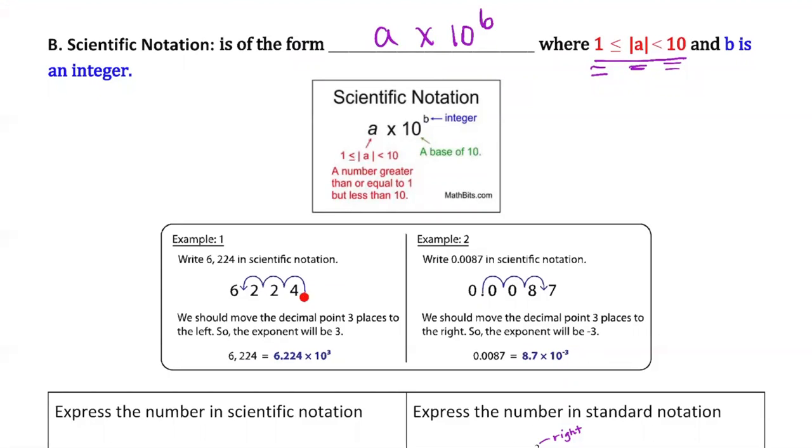So if I move the decimal over 3 places, that would be multiplying it by 1,000, or 10 to the third. If I had to make the number from a small number go to a bigger number, that means I'm multiplying by 10 to a negative number.